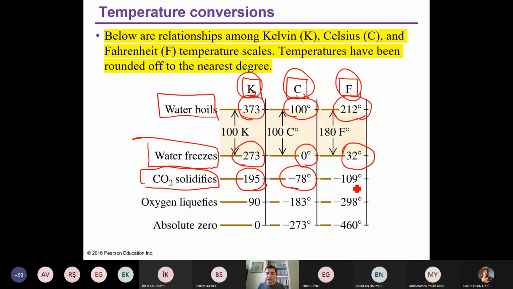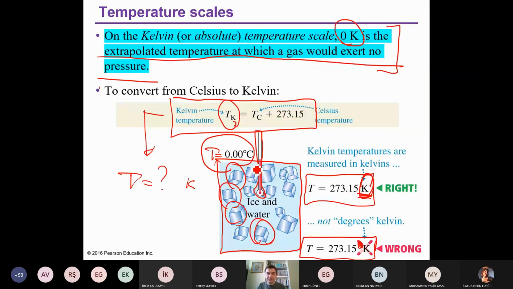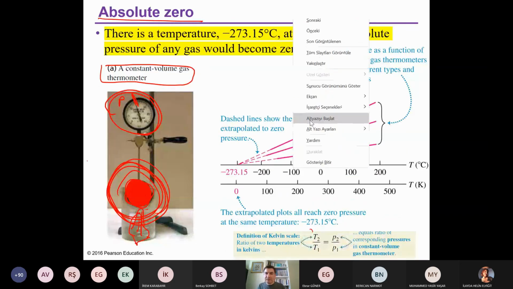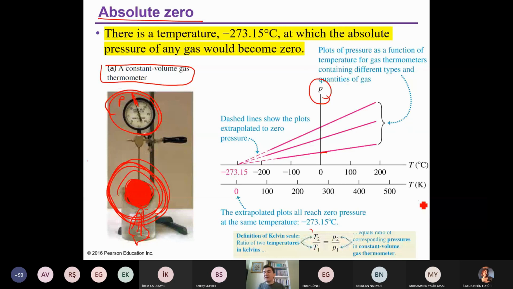What do you see here? Look at these temperature scales. Don't forget that the Kelvin scale is never negative. The lowest temperature in the Kelvin scale is 0. But in the Celsius scale or Fahrenheit scale, we also have negative numbers below 0.